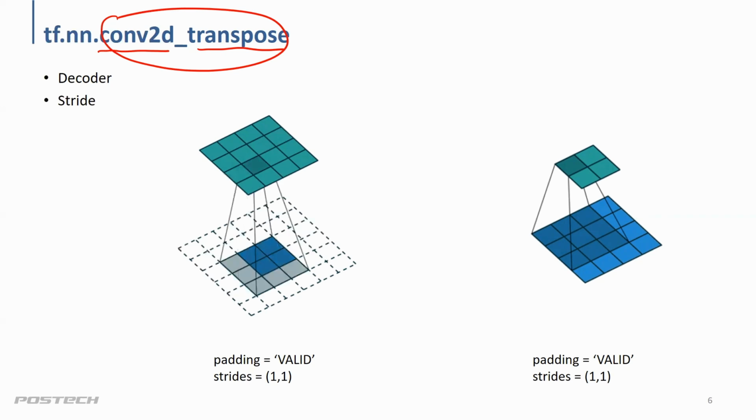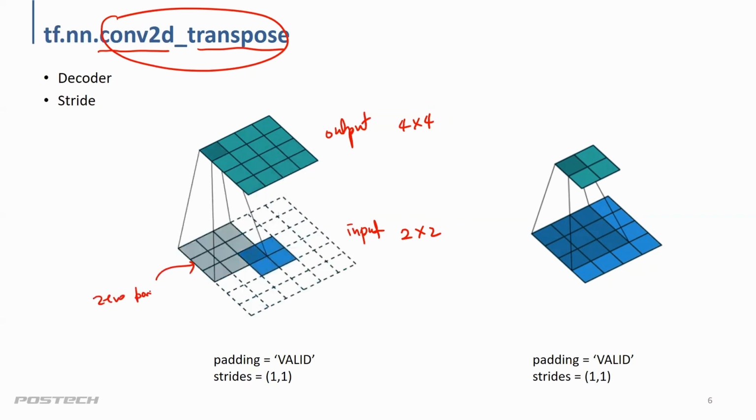And here, this is the input, and this is the output. The size of the input is 2x2, and the output is 4x4. We are doing convolutions, right? We did a lot of zero paddings, and in that direction, we do convolutions.